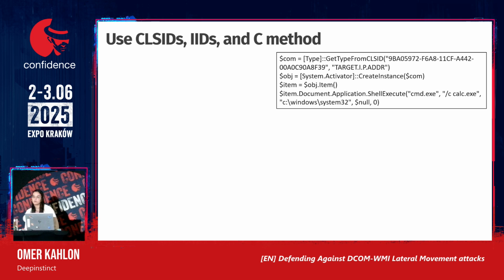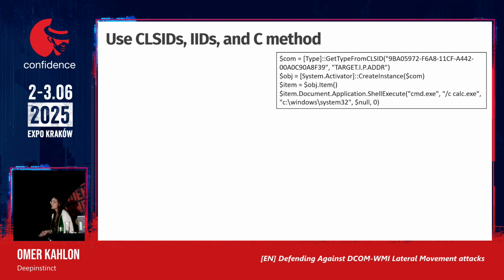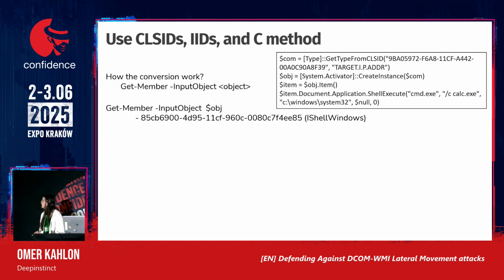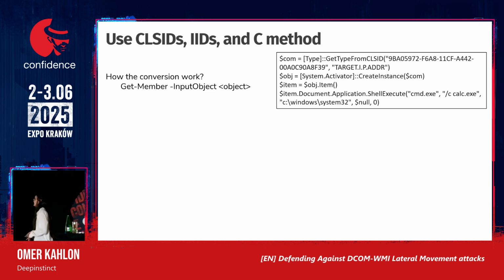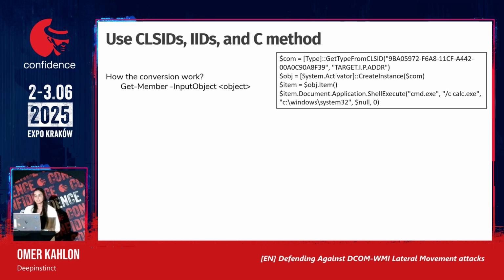So we need to convert all the properties that appear in the PowerShell script into CLSIDs, IIDs, and C methods. We already have the CLSID in the PowerShell script, but we are missing the IIDs that OBJ represents.